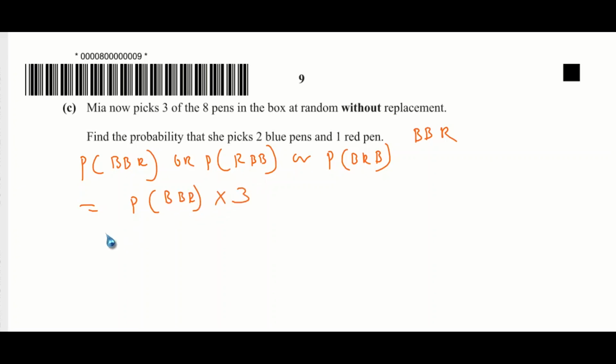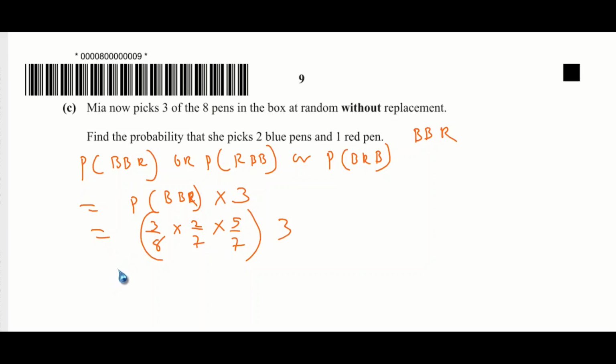So for the first B, it will be 3 out of 8. Without replacement, the total will be 7, and this reduces to 2 out of 7. Now the total is 6, and we are taking from red. Red is 5, so that will be 5 out of 6. Everything multiplied by 3.